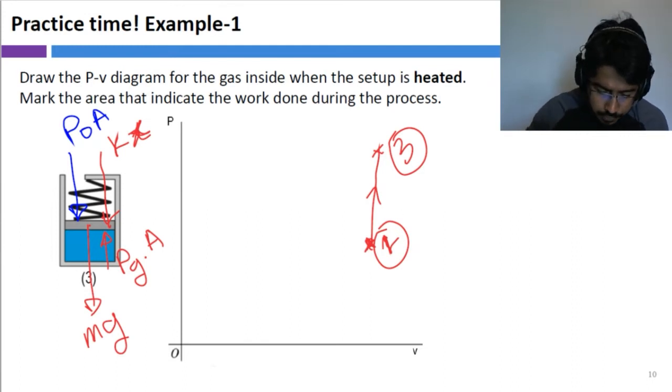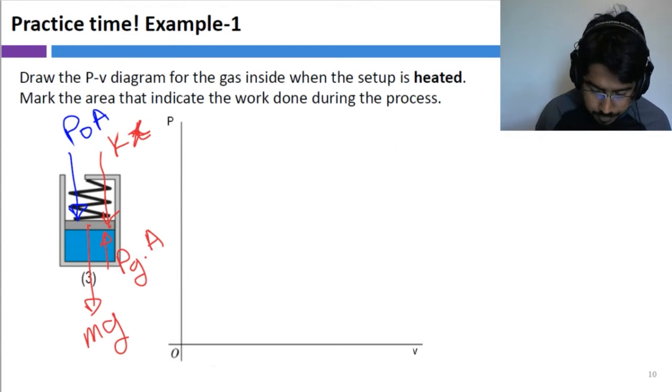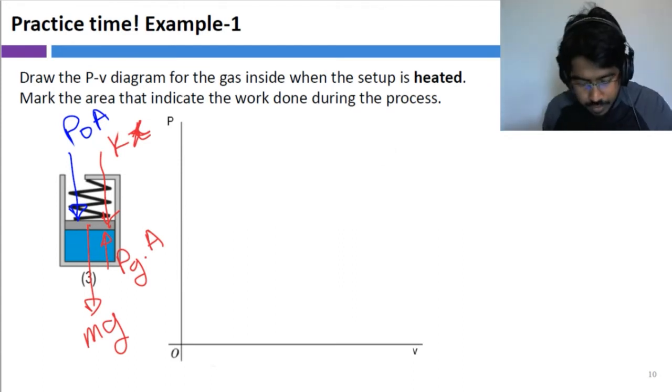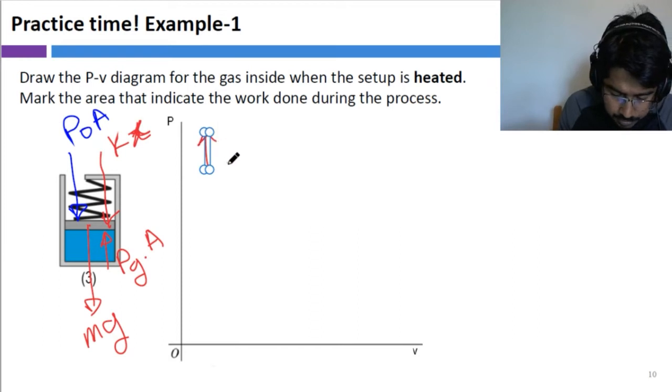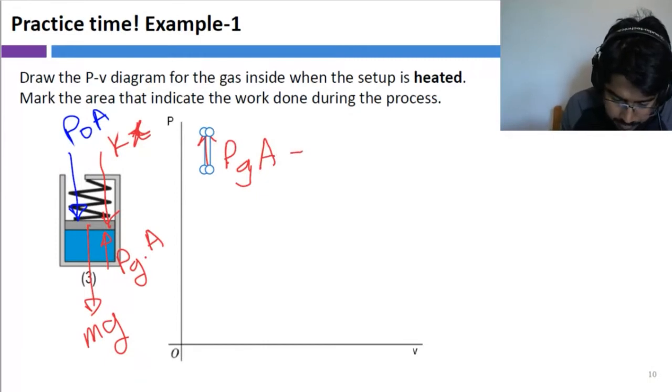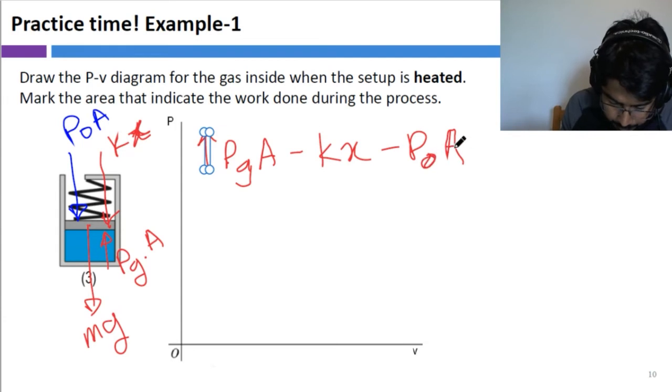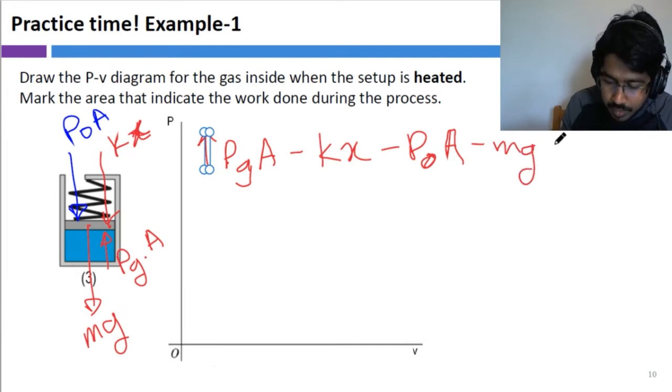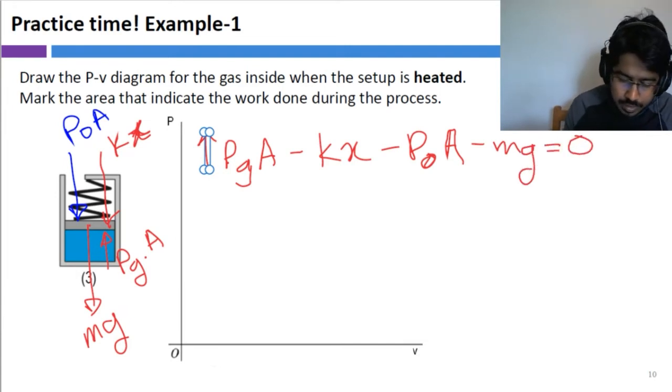Perfect. So for now, let's erase this one, to get more space. If we consider the force balance upward, we can write Pg times area minus Kx minus P naught A minus mg equals 0, right?